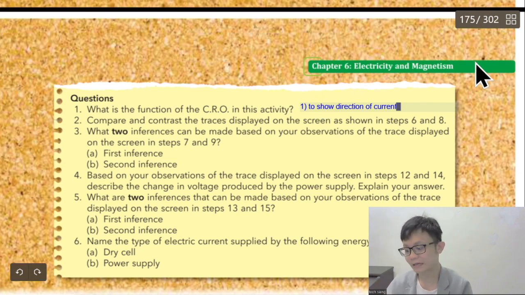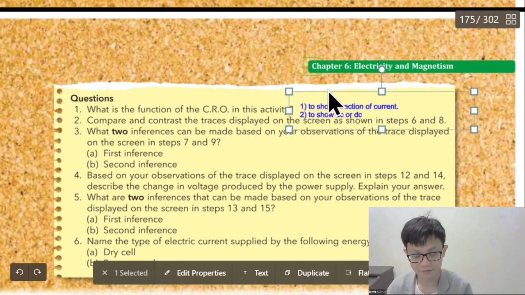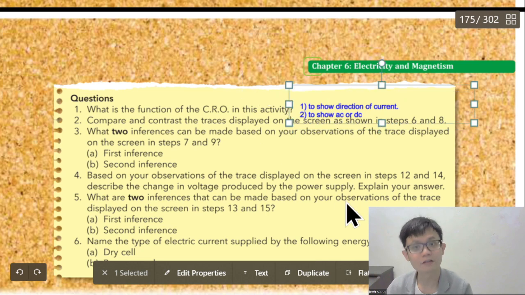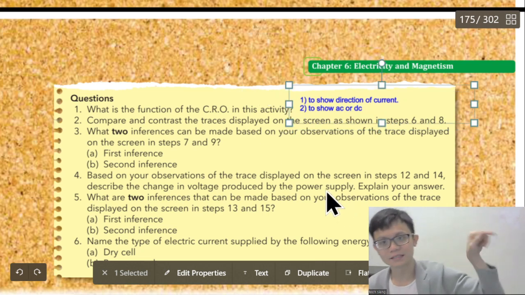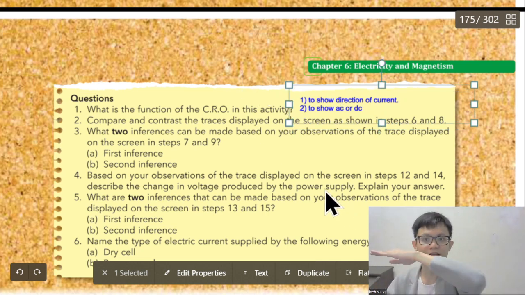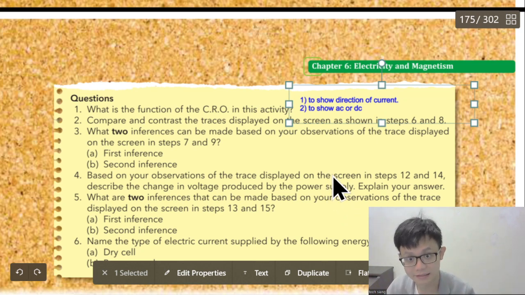So it can show the direction of current, and one more thing it can show is whether it is direct current or alternating current, to show AC or DC. So now you can see whether it's AC or DC. How to see? Look at the graph. If the graph is like that, it means it is AC. If the graph is a straight line, it means it is DC.